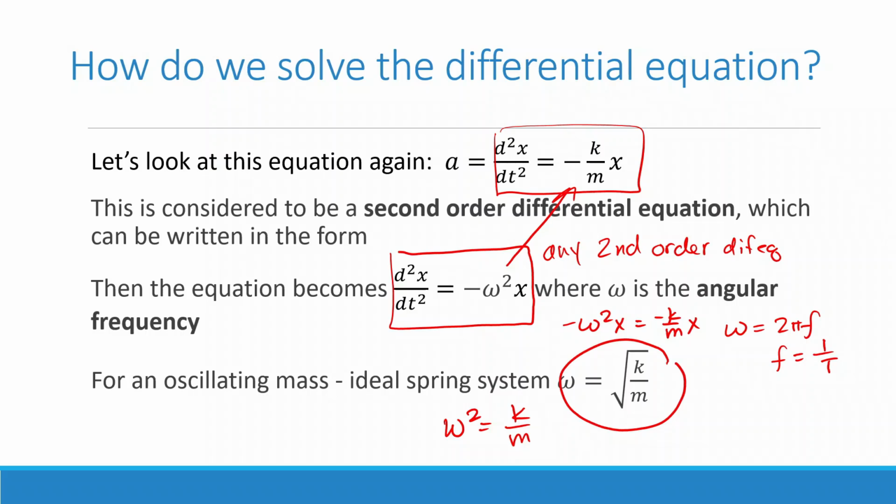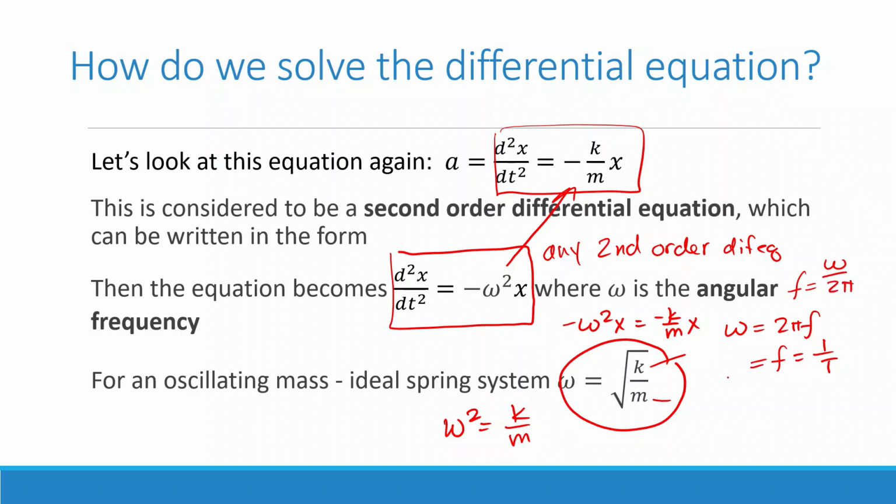So this is going to tell us what our oscillation rate is going to be for this mass spring system. We can see that it is based both on the spring constant k and on the mass. Sometimes when we look at oscillation rates, it's easier to look at period, because period is the time it takes to complete one oscillation. So if we do a little rearranging, our frequency f is going to be omega over 2 pi.